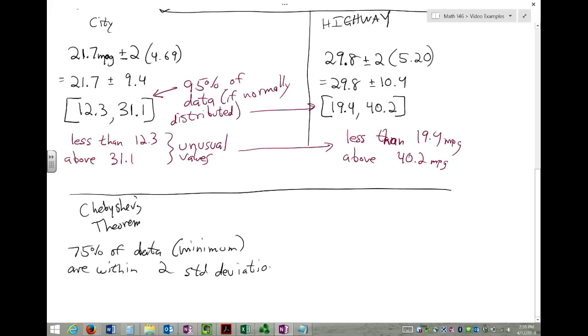It is a very conservative estimate. It's saying, within 2 standard deviations, there's no way you're going to have less than 75% of your data. I don't care how strange your distribution is. Well, we've already calculated plus or minus 2 standard deviations. That doesn't change. It's going to be the same 12.3 to 31.1 that we saw already. And for the highway data, again, it's going to be the same 19.4 to 40.2.